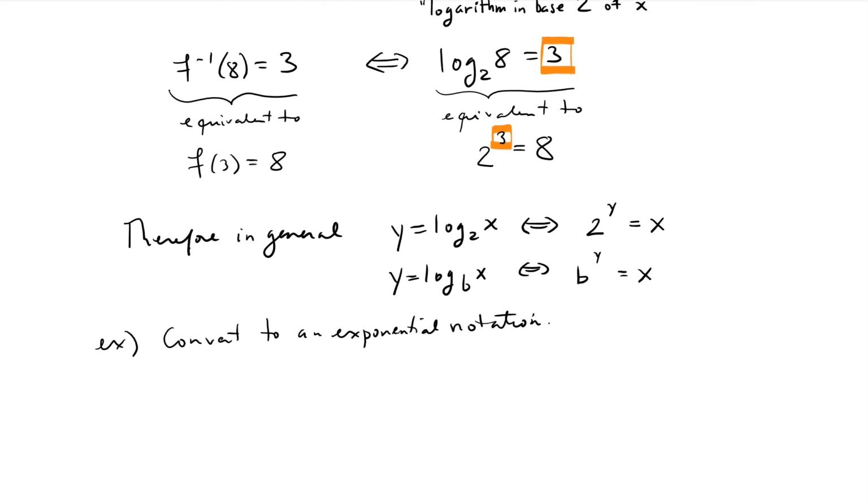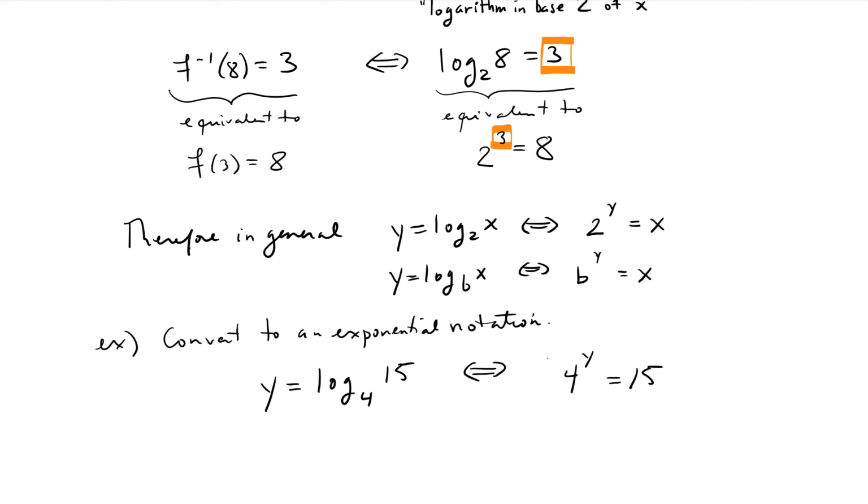So if I write y is log in base 4 of 15, then I'm going to convert it to an exponential equation. So y is the exponent. Remember, the log, which is y, is an exponent. It's the exponent to which you raise the base 4 in order to get 15.